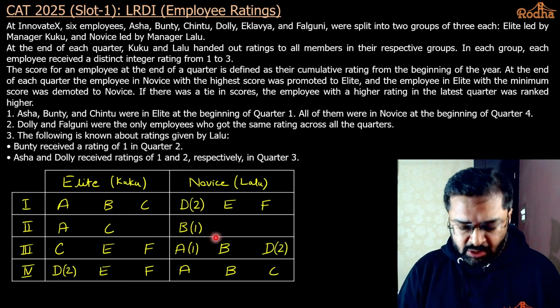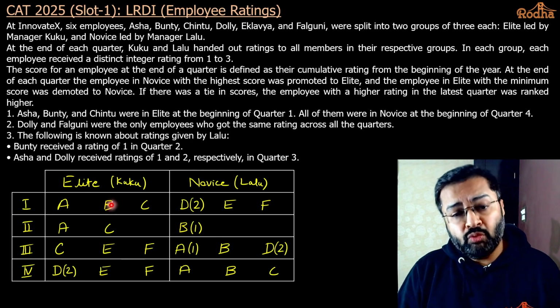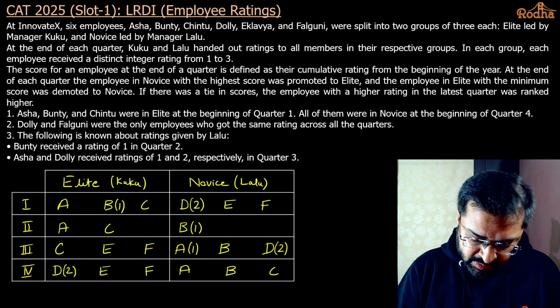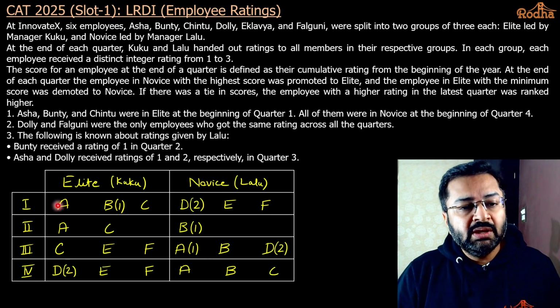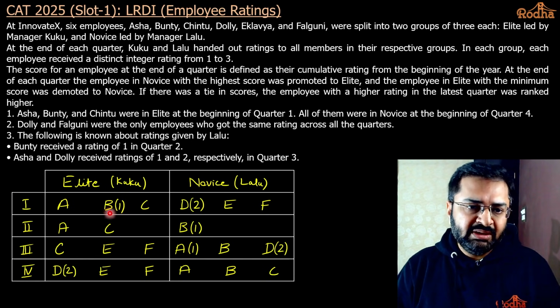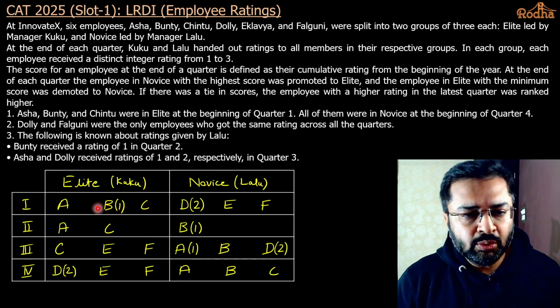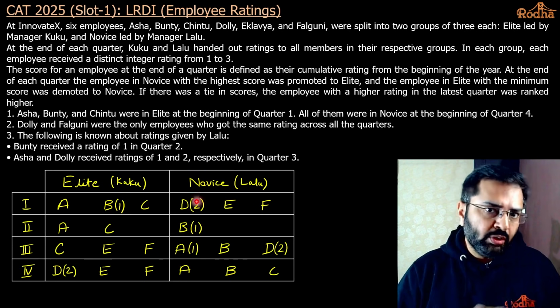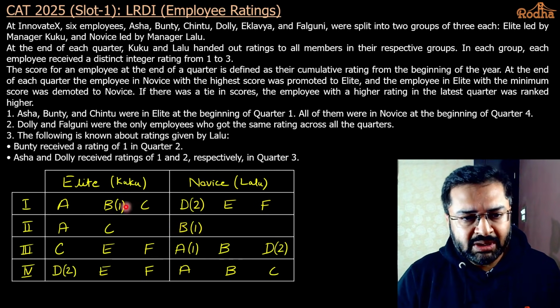From here, it moved like this. So what must be the rating? That has to be 1, the lowest rating, right? We don't know who is 2, who is 3 among A and C, but B definitely must have been 1 among the 3, the lowest rating among the 3. Then only B would be demoted to this group, the lower group, the novice group, right? So this is 1, and we know that.